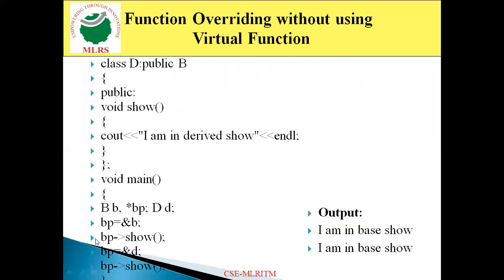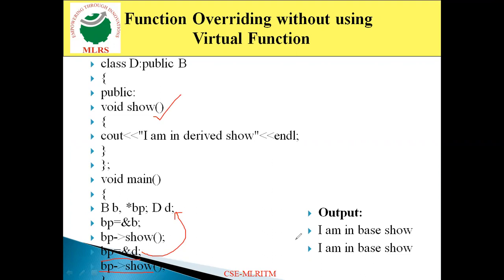Now look at this. Come to the next statement. BP is equal to address of D. BP is the pointer object, and now it is going to be assigned the address of the derived object. Again, BP arrow show. Actually it should point to the show in the derived class, but instead it again points to the show in the base class.